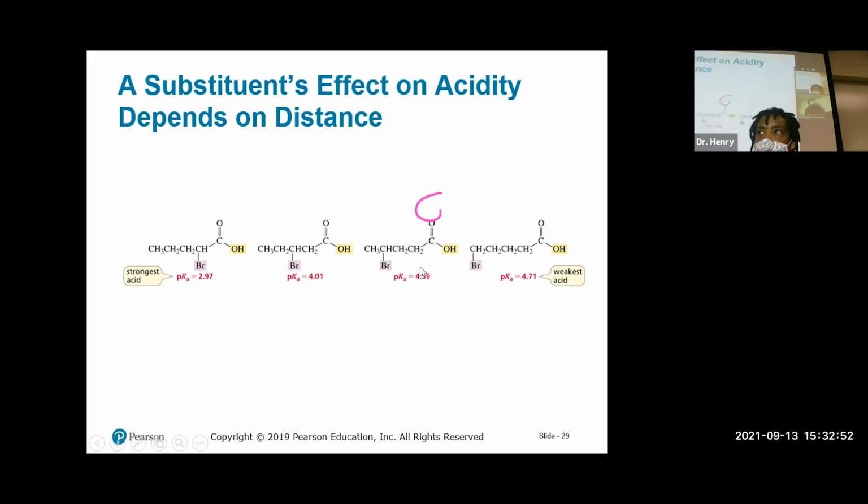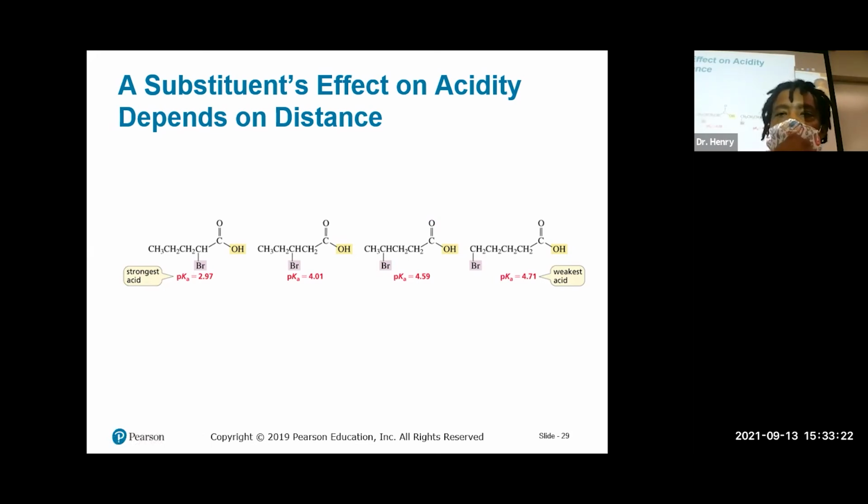Here it's on the last carbon. And so this guy is going to be our weakest acid. This guy is going to be a stronger acid, the closer you are. And that makes sense, right? Because the closer you are, you have a stronger pull. So you're pulling it more. So that means that this guy is able to get that plus even better, right? Okay, let's see.